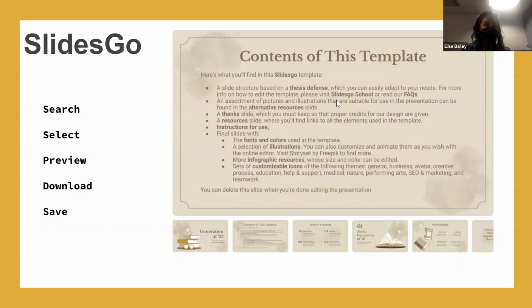SlidesGo, I have used numerous times, and it has the same kind of steps as Slides Carnival. Basically, you can search or select a certain category. You can preview it before you even download, and then you just save it and it will download and open up in PowerPoint.